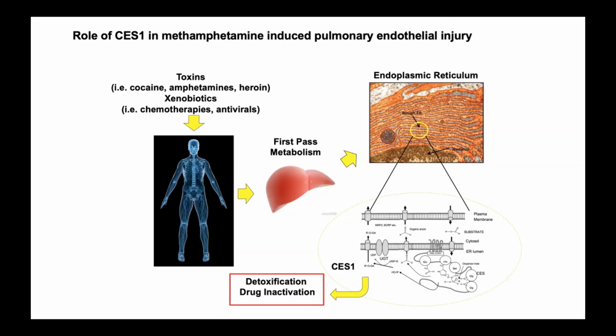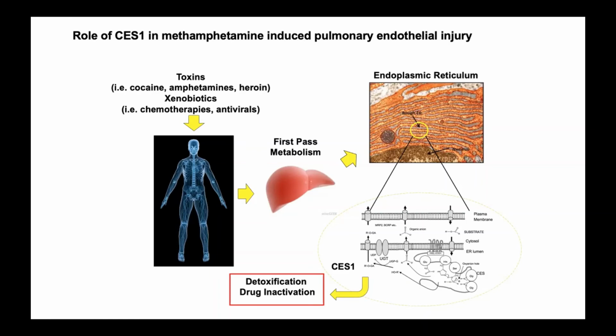So this disease is of critical importance, irrespective of whether we are talking about it in relation to HIV or in terms of idiopathic PAH. The idea behind this study, where we are talking about the role of CES1, the carboxylesterase 1 enzyme, is also somewhere related to oxidative stress.